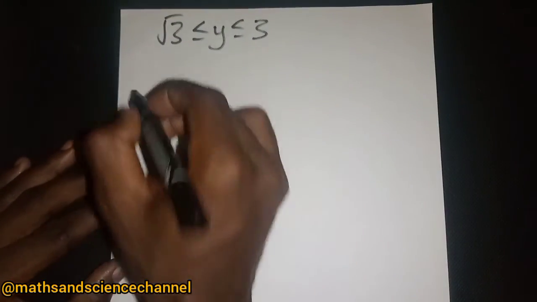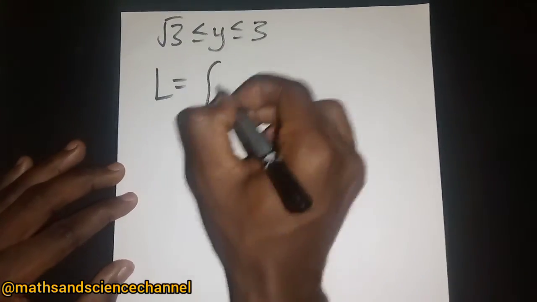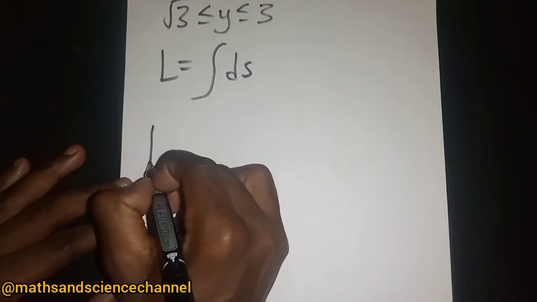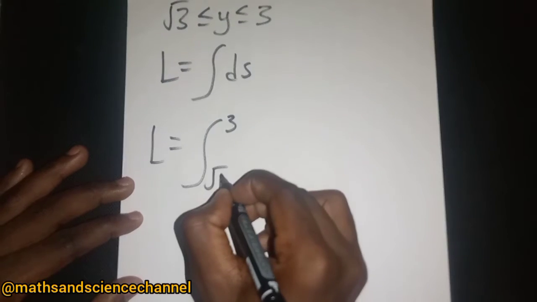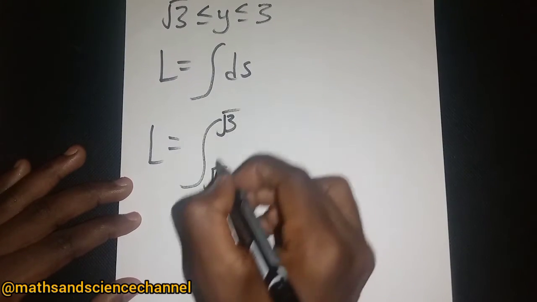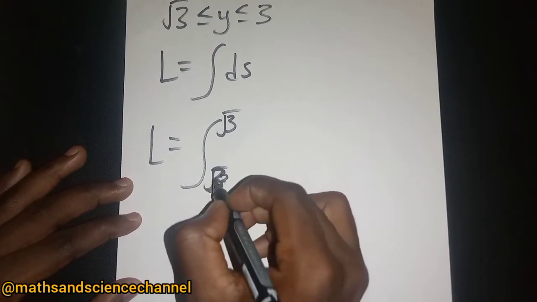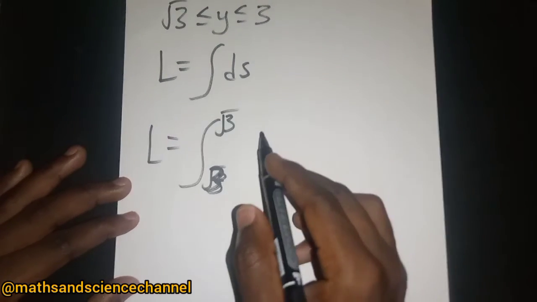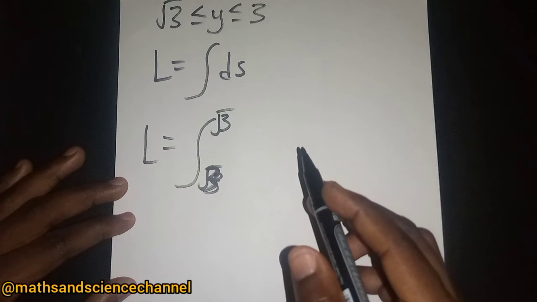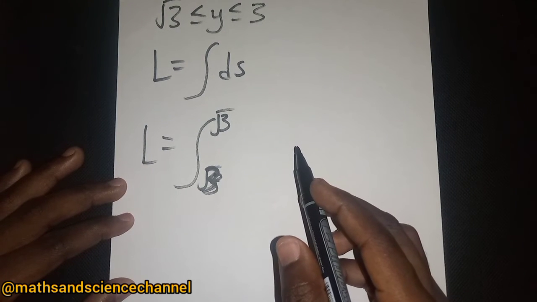So if that is the case, then the limit being 3 here and root 3 here, then we just have the ds over the y value.